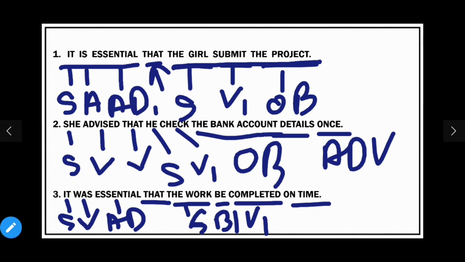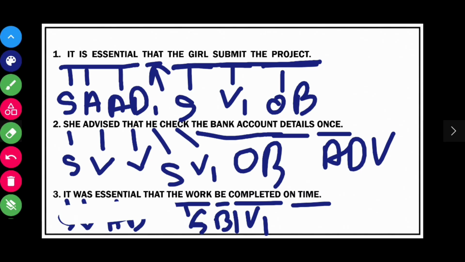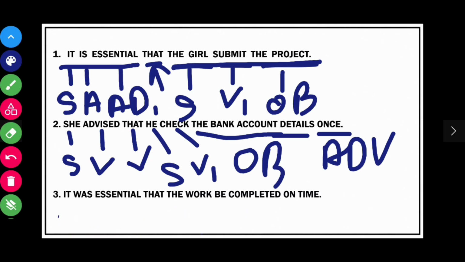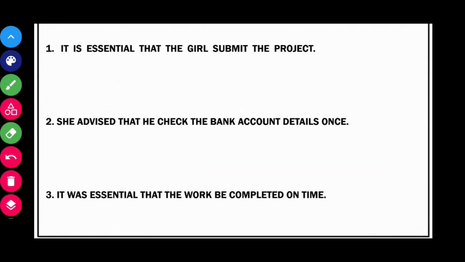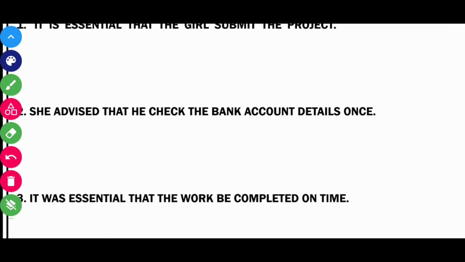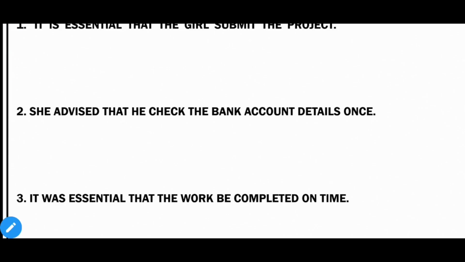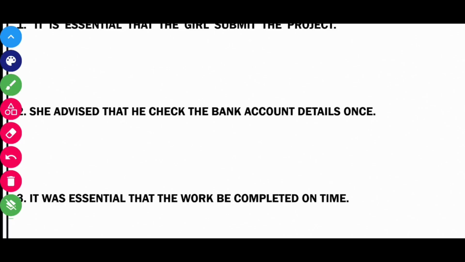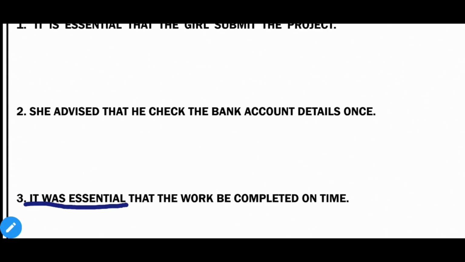But here is one thing you have to understand: why this sentence is quite different from the other two examples. Let me explain. If you see this sentence very carefully, it is written as, it was essential that the work be completed on time.